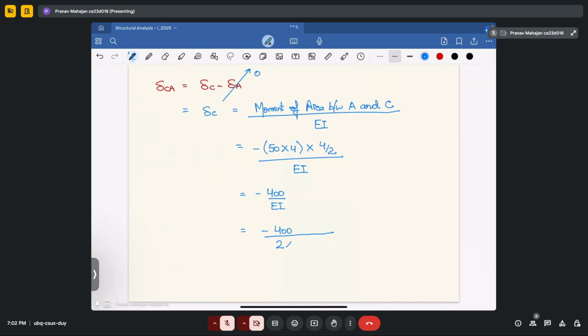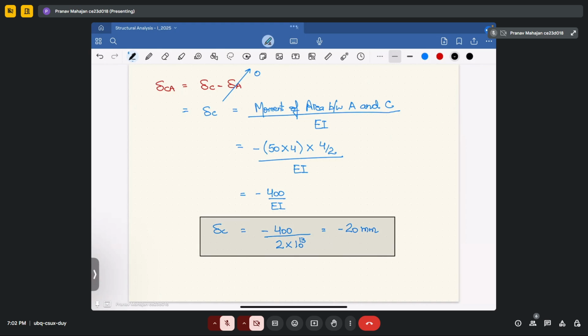If you write it, it will be 2 into 10 power 13, and this will give you the result as minus 20 mm. So your deflection at point C is equal to 20 mm.